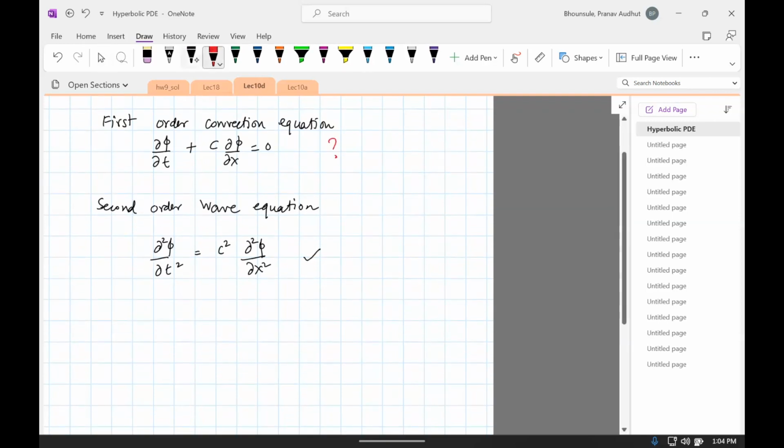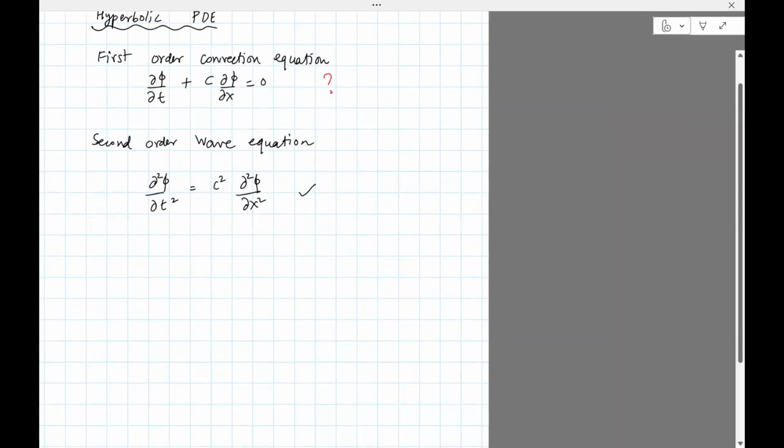How to show that this is a second order equation? Slide 1 and 2. It can be shown that 1 gives, or is the same as, 2.